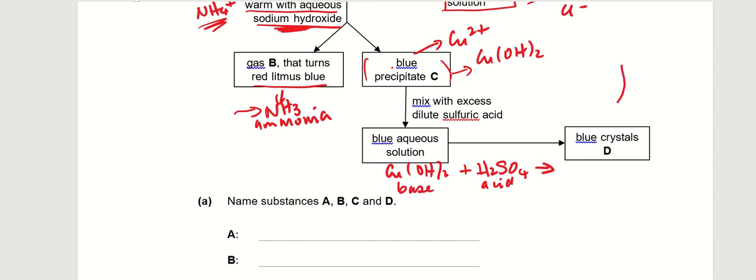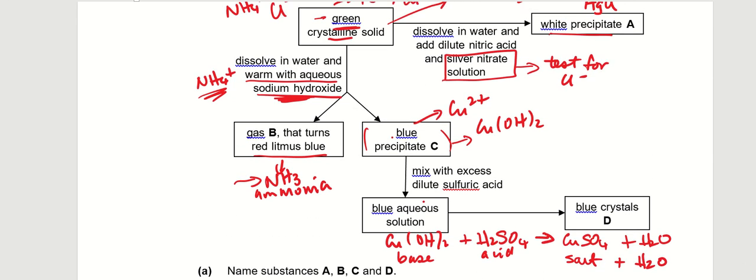Being an acid and a base, the products will be salt and water. Since we have sulfuric acid, the salt that we get is copper 2 sulfate, and water is the other product. So you can see we have managed to find all the unknowns.